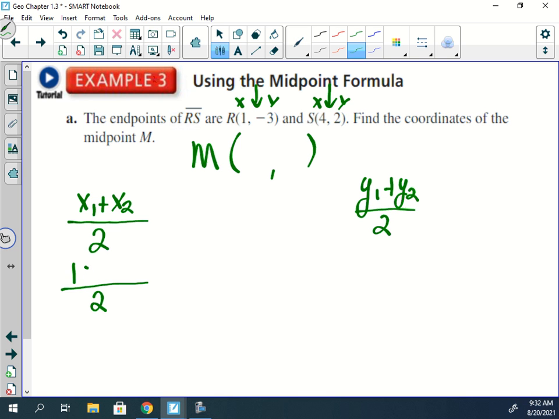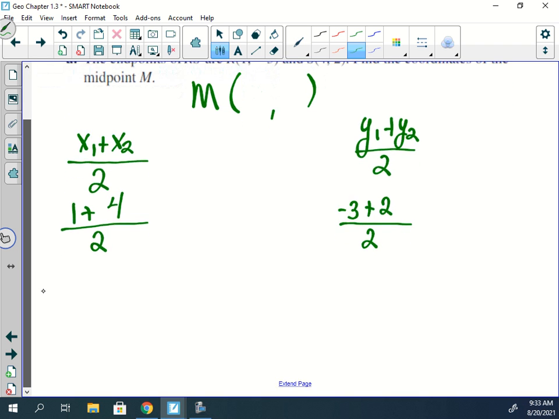So we have 1 plus 4. And the y values would be -3 and 2. And again, when we plug these in for this formula, we're using the endpoints. We're not using the midpoint. We're just using the endpoints, x and y value.